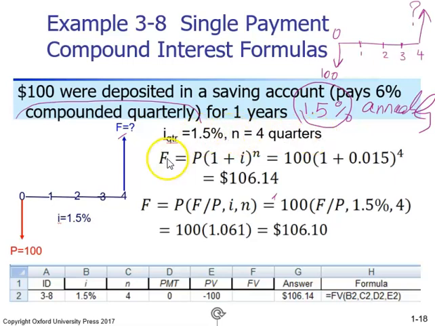N is 4, and you can get the future value through this, or if you prefer Excel to do everything, put I at 1.5%, N is 4, no PMT, PV minus 100, and the answer is 106.14. You should get the same answer as here.